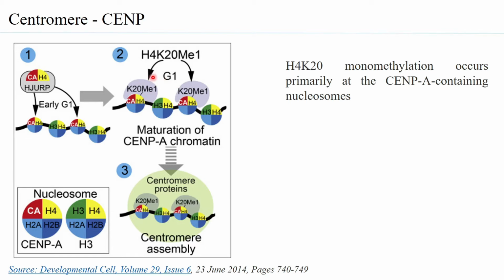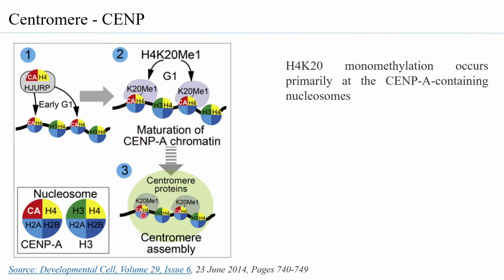You can have n number of post-translational modifications, but in this case, various studies have found that in the H4 of the nucleosome core particle that has CENP-A, the 20th lysine residue is methylated. And this happens in the G1 phase of the cell cycle. So one can understand that during the G1 phase the centromeric region is being defined, because of the formation of the nucleosome core particle at specific centromeric regions.